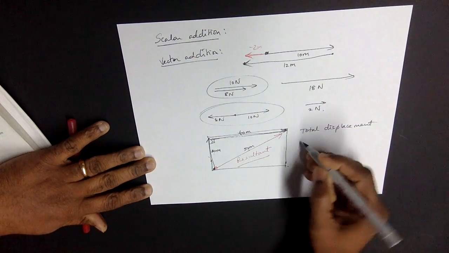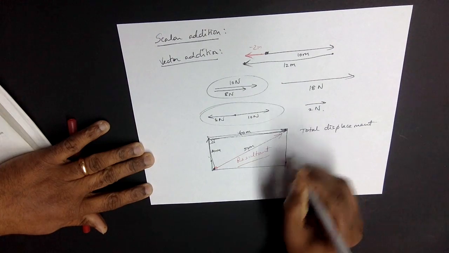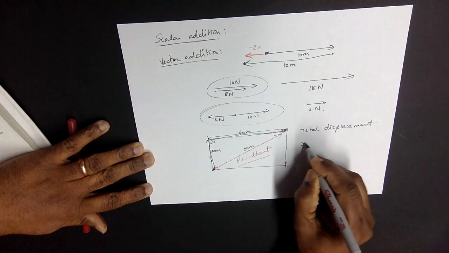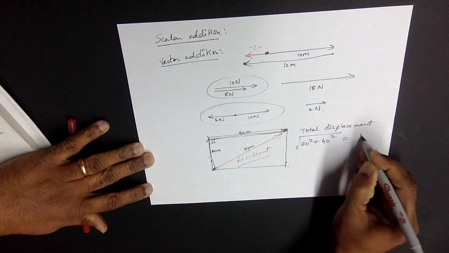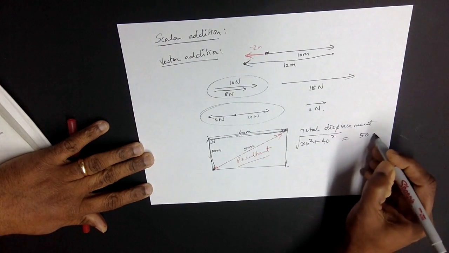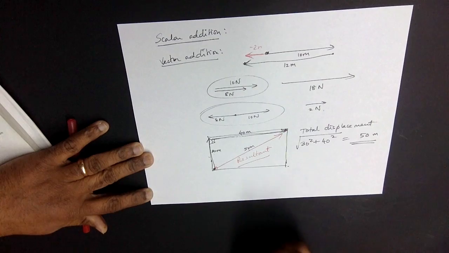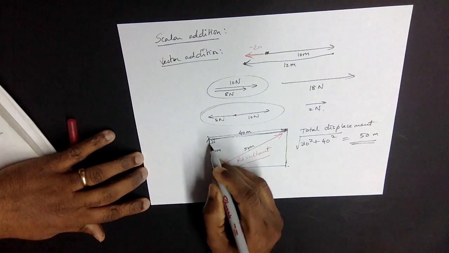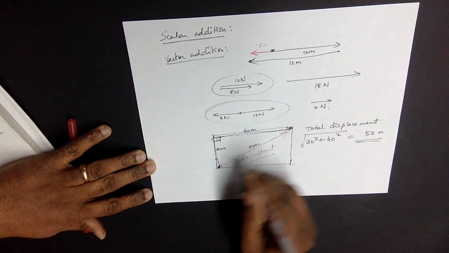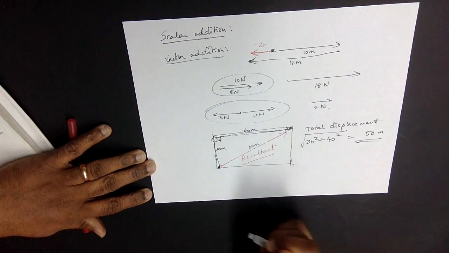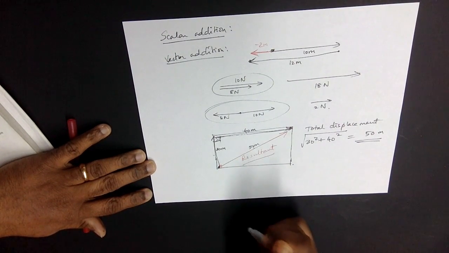If you know the Pythagorean theorem, you take the two legs, 30 squared plus 40 squared, and then take the square root, and that will get you 50. So this is what you do in case you have right angles coming in. If you have a right angle between vectors, you have to use the Pythagorean theorem to get the answer.